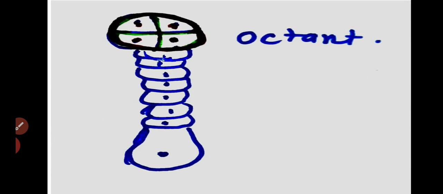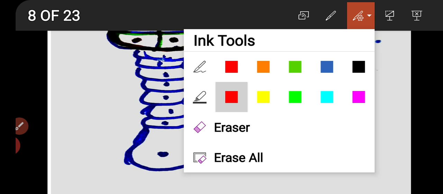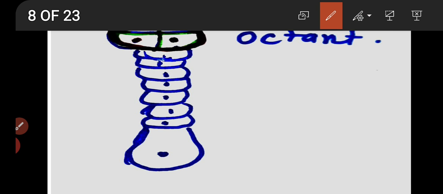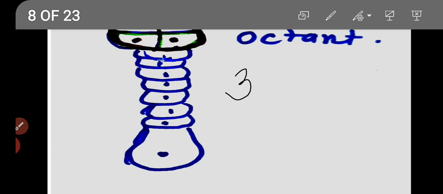Then the embryonal cell undergoes 3 successive mitotic divisions, and the octant is produced. That is, 8 cells are produced.